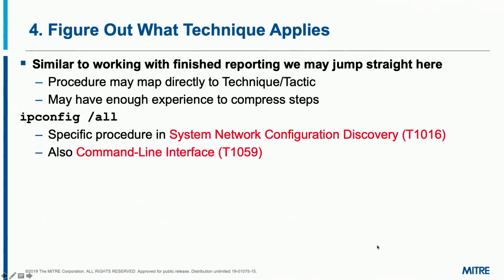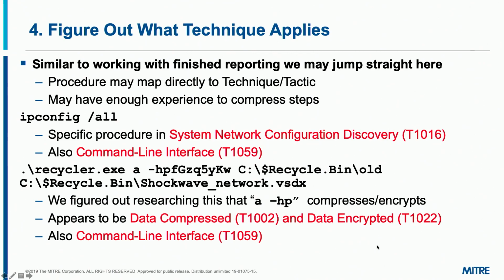And as I mentioned, adding an execution, we've got that it's command line interface. And then this recycler binary, we've put together a couple things here now. We figured out that these command line flags mean that it's compressing and encrypting data. And so data compressed and data encrypted are ATT&CK techniques. So relatively easy for us to get to, but not to forget that it's also command line interface.